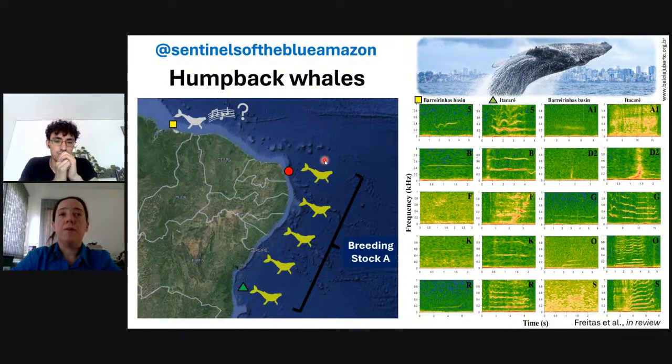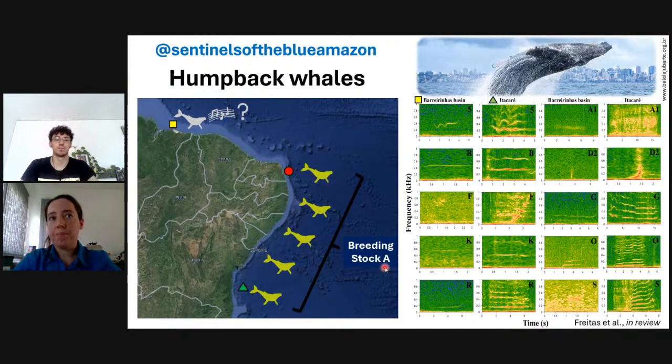Because the population that breeds on the Brazilian coast is called breeding stock A, but typically they are more concentrated in the more southern parts of Brazil, Bahia and Rio de Janeiro, and less in smaller latitudes.